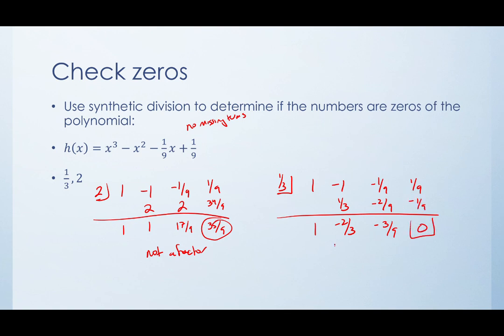So this one, 1/3, is a factor. And what's nice is that now we know that our polynomial is equal to x minus a third times x squared minus 2/3 x minus 1/3, since 3 ninths is 1/3. Now that we've got it down to a quadratic, we can use the quadratic formula and find those other two roots.